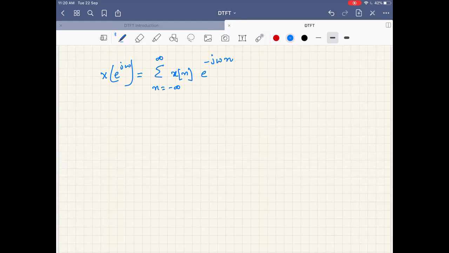Discrete exponentials with frequency omega extend from -infinity to infinity. We find the correlation or the similarity with respect to the signal x of n, and for that particular frequency, we quantify the correlation or the commonness between the signal and the corresponding discrete exponential in X of e power j omega. Fine.